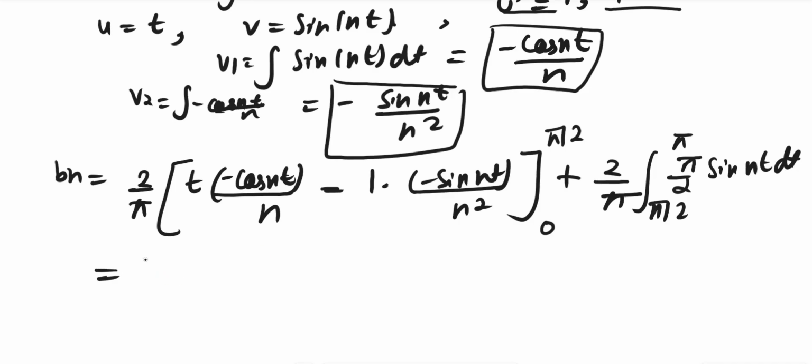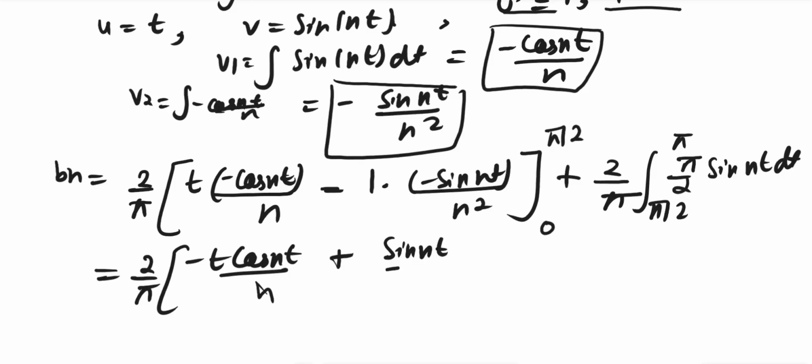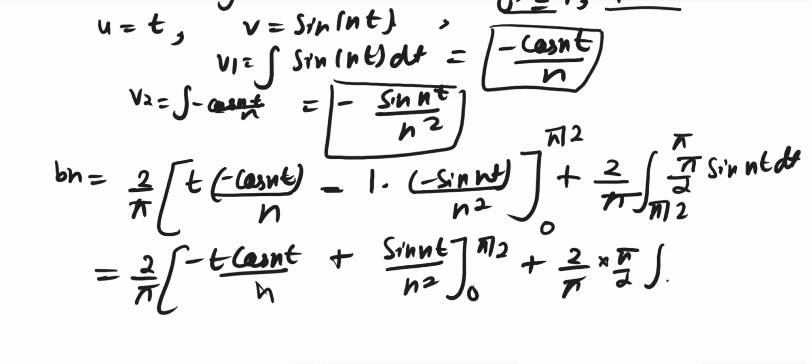Now solving this further, it is 2 upon pi, minus t cos nt divided by n plus sine nt divided by n square, limit from 0 to pi by 2, plus 2 upon pi. Take pi by 2 out, it is pi by 2 integration pi by 2 to pi sine nt dt.